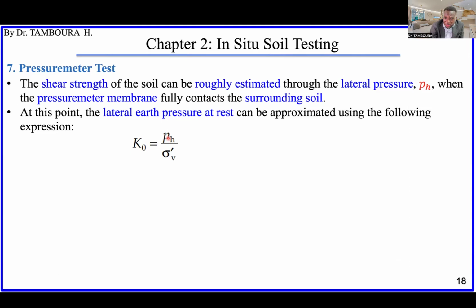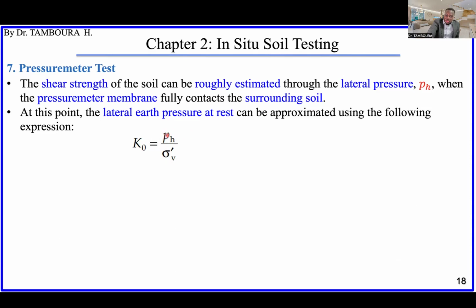So you can obtain the total horizontal stress, okay, from that, or total effective horizontal stress. And I did explain what is K naught, K0, okay, the ratio between horizontal effective stress and the vertical one.